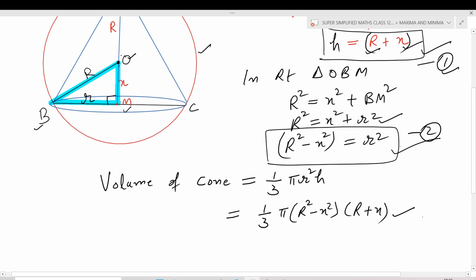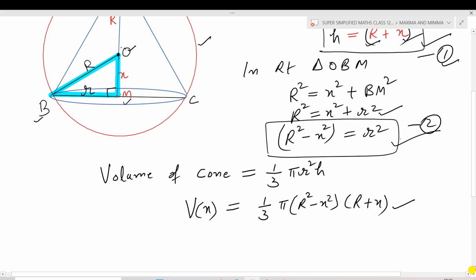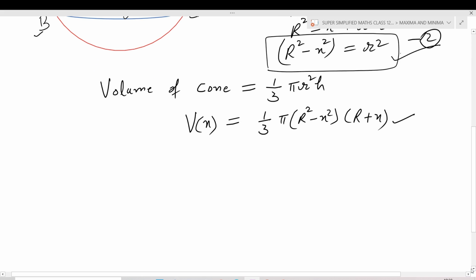Now we want to find the maximum. What should be the value of x so that the volume is maximum? For that, we use the second derivative test and we find the first derivative first. As we can see, 1 by 3 pi is a constant. So students, instead of finding the derivative at this step, first I simplify V of x.